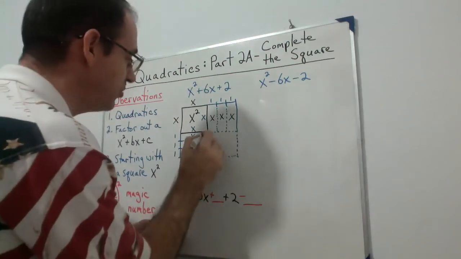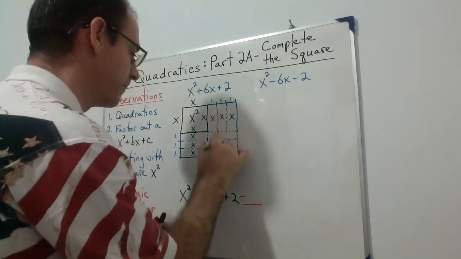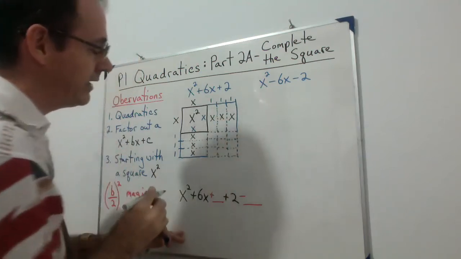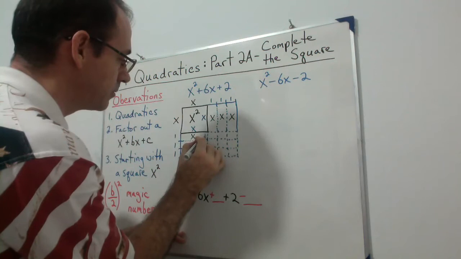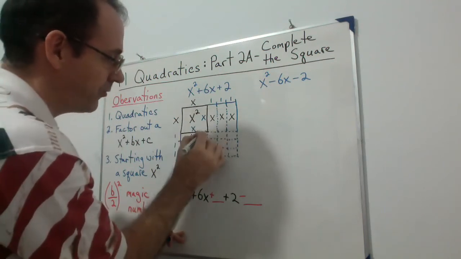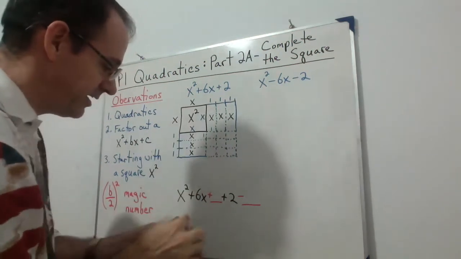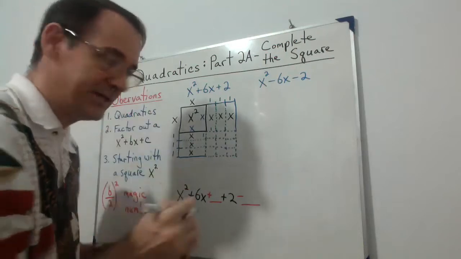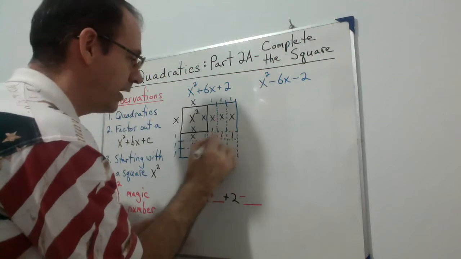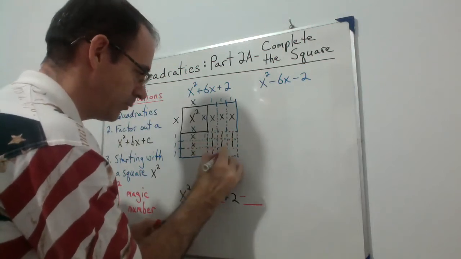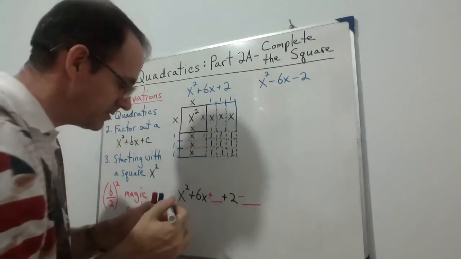If we continue our lines through, we'll notice something interesting: we now have these little squares that are 1 unit wide and 1 unit this way. That means each of these is a 1 unit area square. 1 times 1 is 1, and 1, and 1, and 1, and 1, and 1, and 1, and 1. And guess what we have? We have 9 squares that we need.